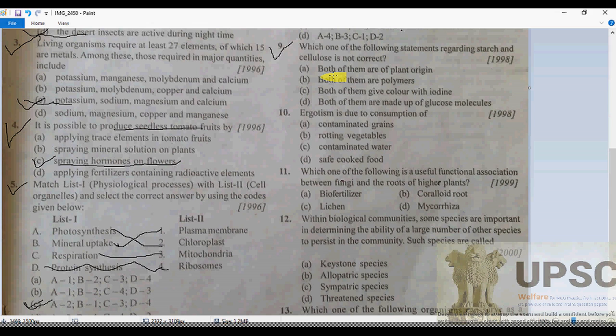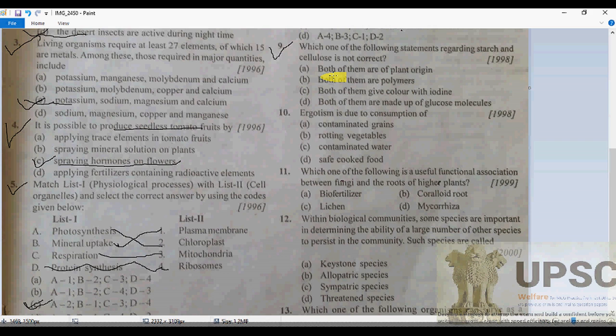So glucose molecules are present in both starch and cellulose. Amylose in starch is responsible for the formation of the deep blue color in the presence of iodine, but cellulose doesn't form any color when it's treated with iodine, because amylose is absent in cellulose.